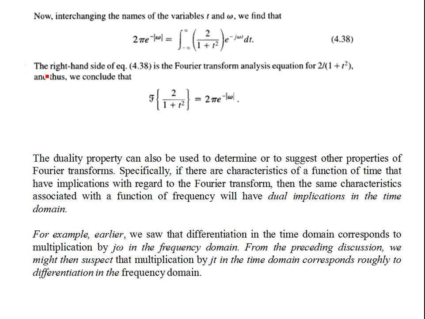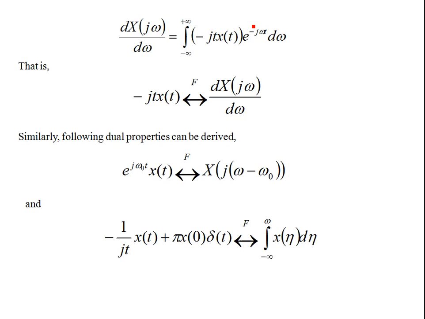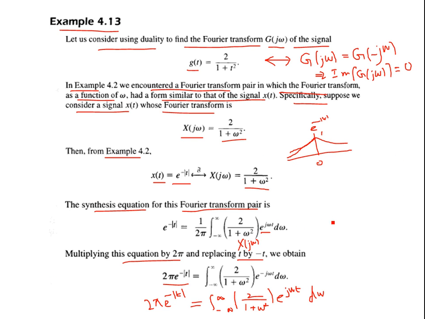So now, interchanging the names of the variables t and omega in the next step, you should find that if you change the variables, omega changes to t, and there's a change of variable over here as well. This becomes 2 over 1 plus t squared, and this becomes omega.